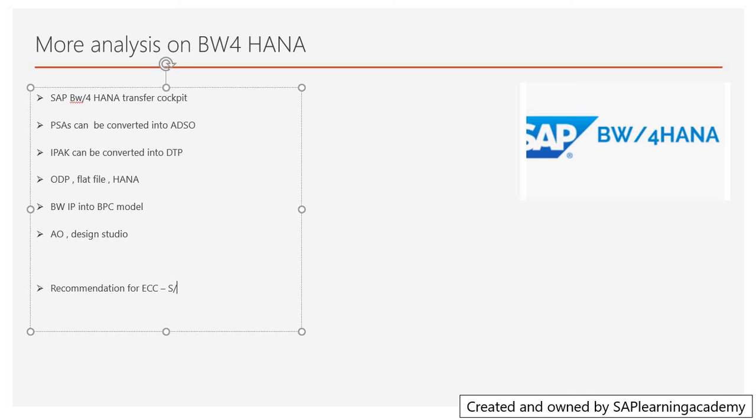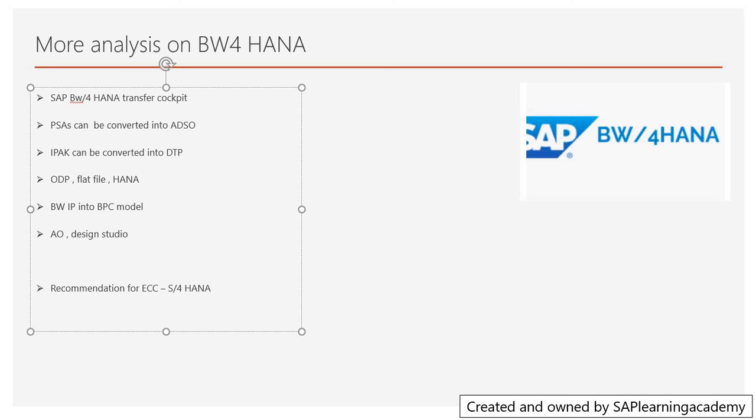It is not mandatory for this migration, but SAP is recommending to make it S/4 so that everything can be on the HANA system. So the compatibility and the quickness in terms of data processing will be faster, as well as the reporting. So I hope that's all about this.